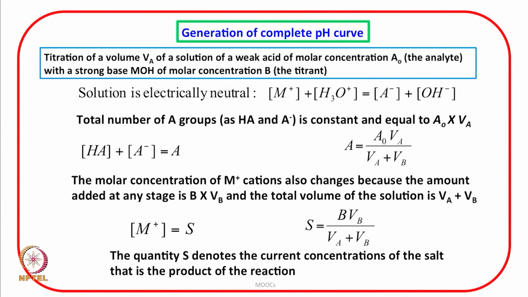You are titrating a weak acid with a strong base. So, A minus will come from the acid and M plus will come from the base, will form a salt MA, and S denotes the concentration of that salt formed, which is the product of the reaction. All right.